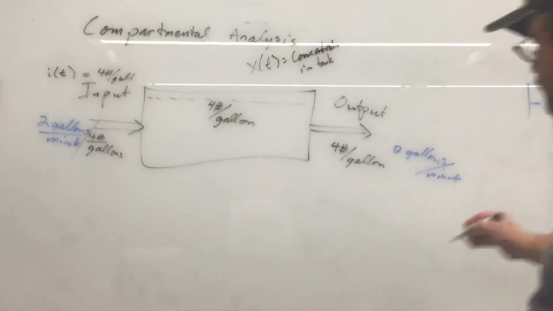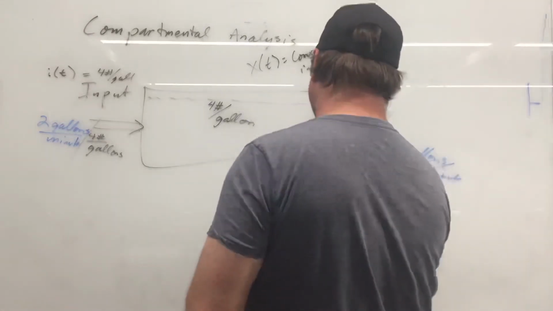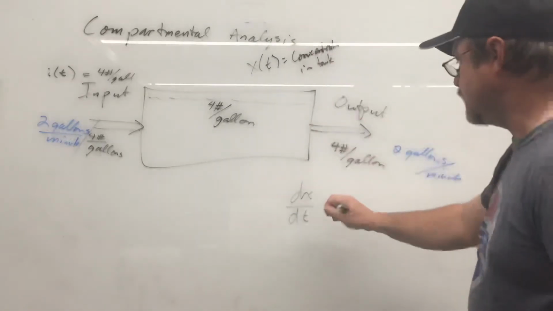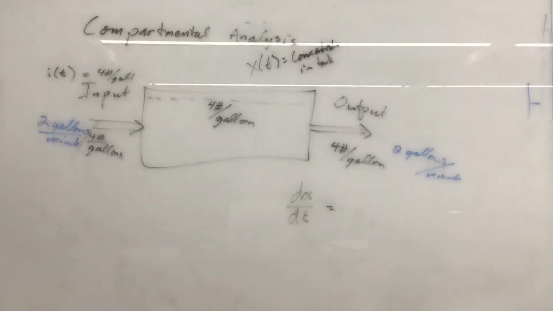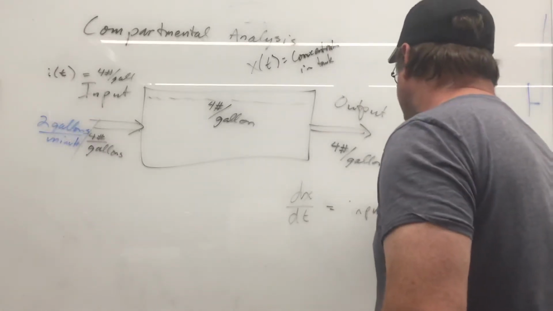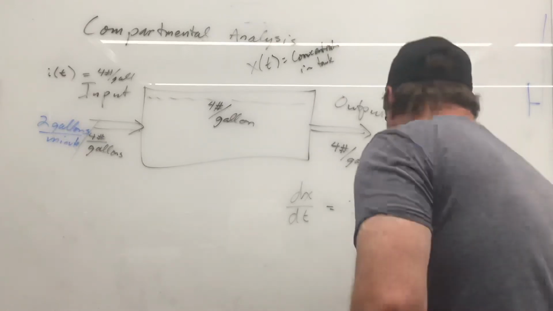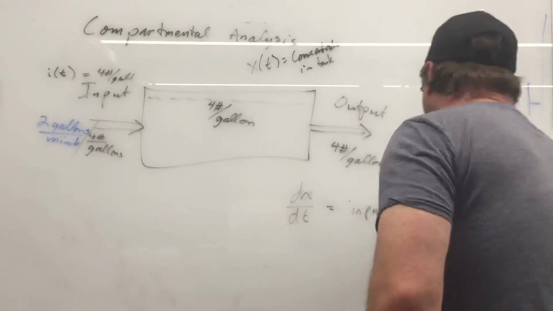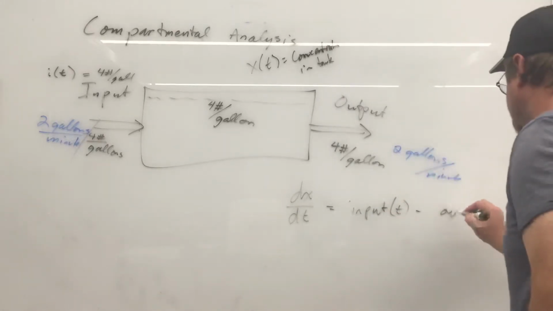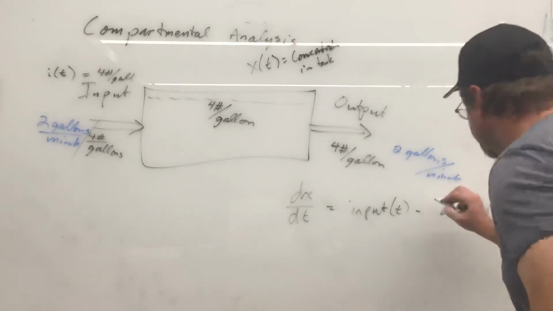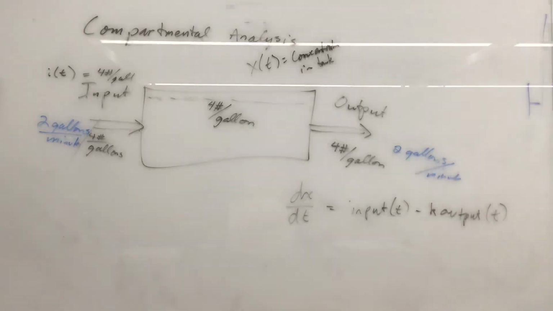The change in the concentration is given by this. The concentration being this X, dx/dt is equal to whatever the input concentration is minus the output concentration, multiplied by a fraction that is the fractional part that left the tank.